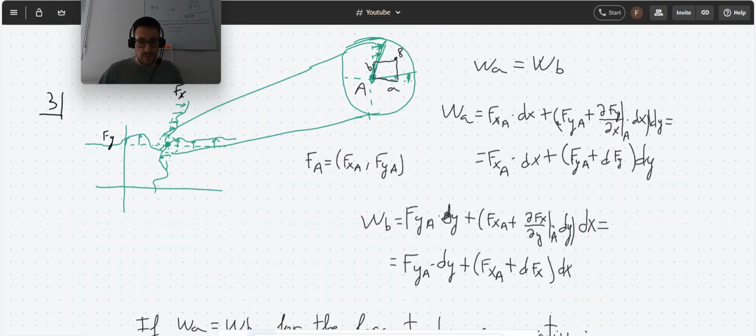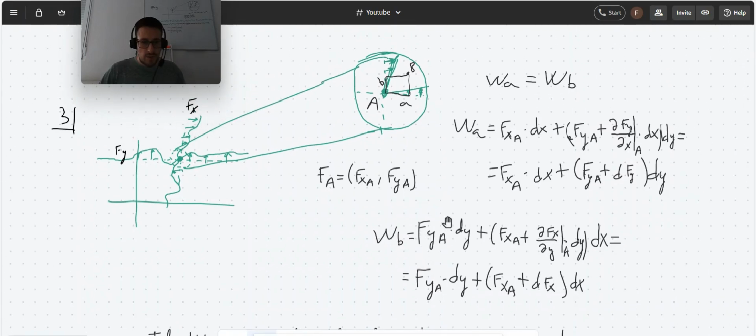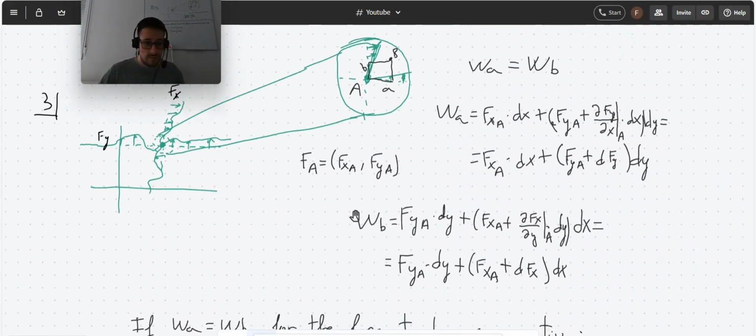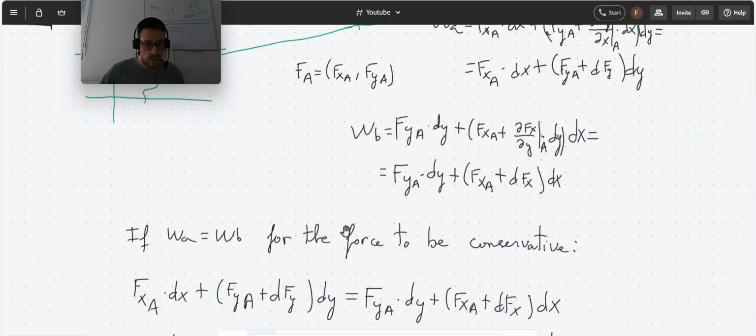So, if we consider that both works have to be the same, it's necessary that the two works have the same value, because if not, the force field wouldn't be conservative. In that case, we have to force them to be equal.